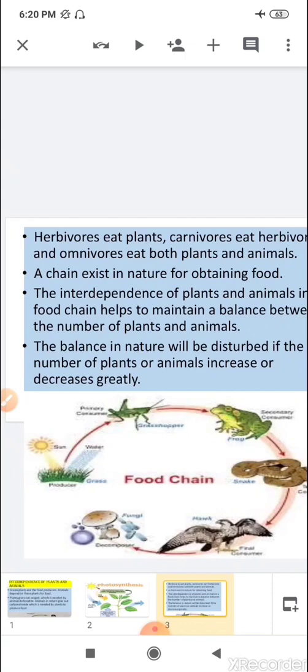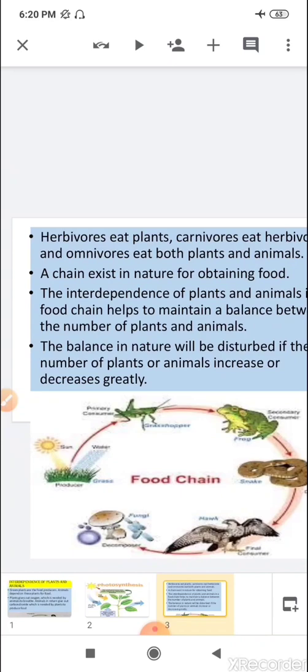So we have seen that in the food chain, plants are the producers which are the only ones able to synthesize their own food by the process of photosynthesis.